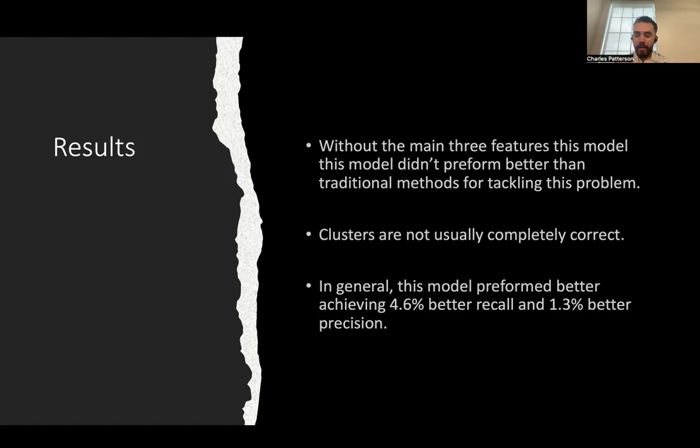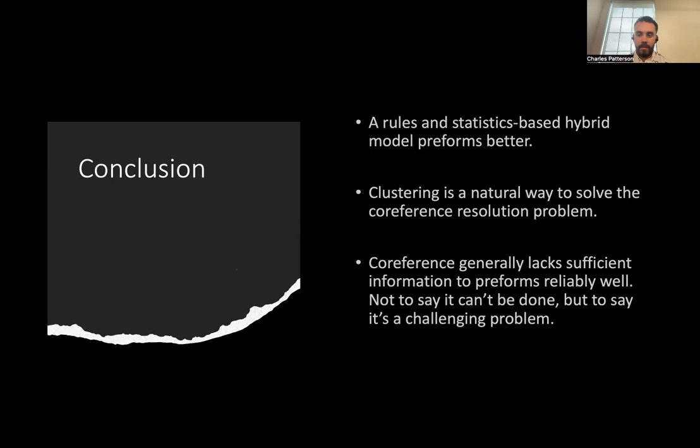However, in general, they were saying that the models this way were achieving a 4.6% better recall score and a 1.3% better precision. So in both cases, we're able to get better results when we include these three main features in our model. So the conclusion is we have a rules and statistics-based hybrid model that seems to be better.